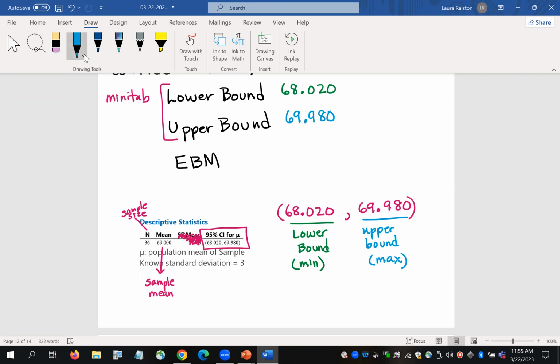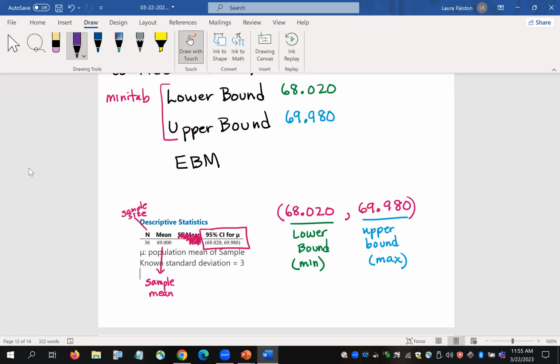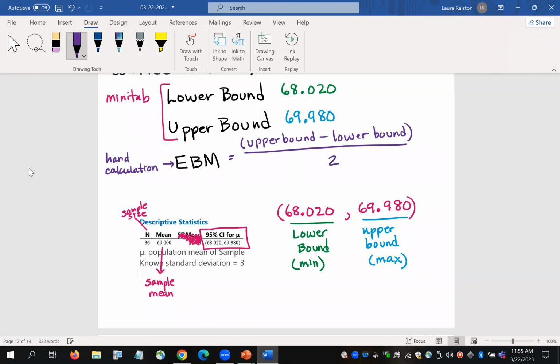To find the error bound for the mean, this is a hand calculation. You have to do it using the formula: the upper bound minus the lower bound, divided by 2.